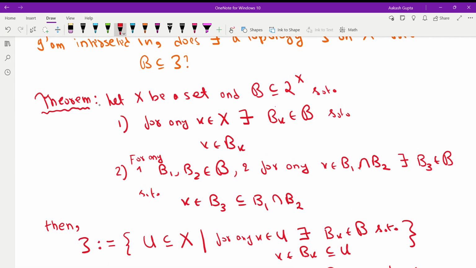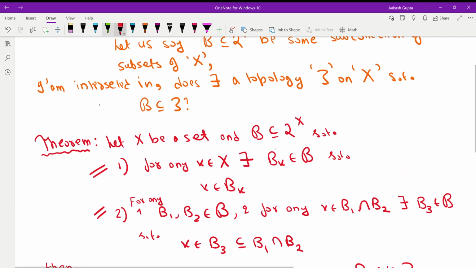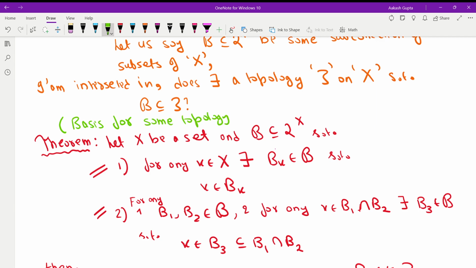So if you have these conditions, then you can say that the above kind of thing would be possible. So what I can name this theorem: basis for some topology on X, right?